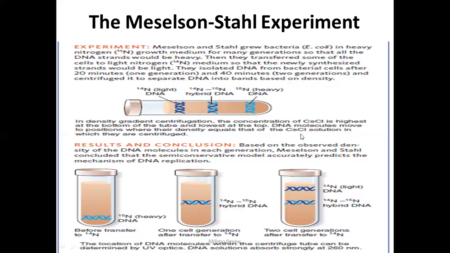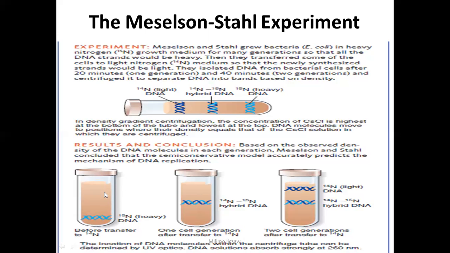When that is done, the solution forms a density gradient in the centrifuge tube, ranging from a region of lowest density at the top to the highest density at the bottom. Remember, the more dense a substance, the lower it is going to be in the tube. The more dense will be at the bottom, the lightest will be at the top.